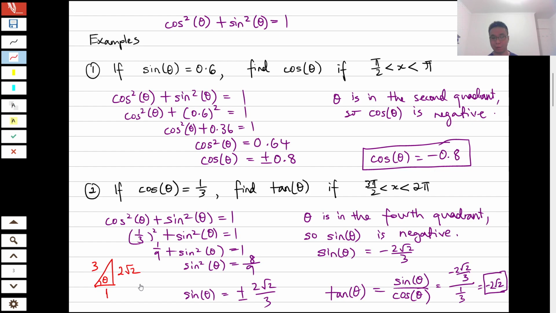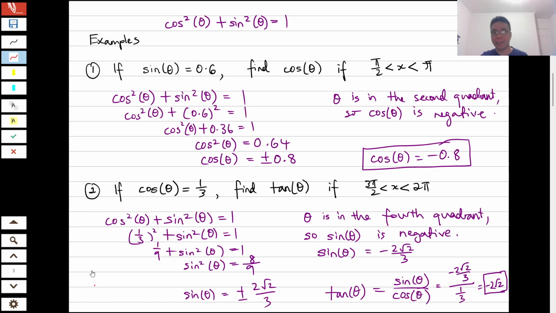From that, you can deduce that tan theta is 2√2 divided by 1, which gives you 2√2. And then you adjust for the angle at the end. I recommend for the purposes of this course that you write your algebra this way, and if and only if you are running out of time, you draw the right angled triangle.